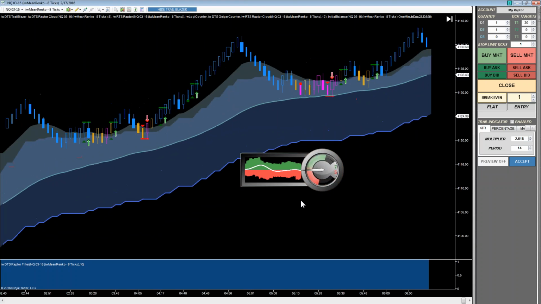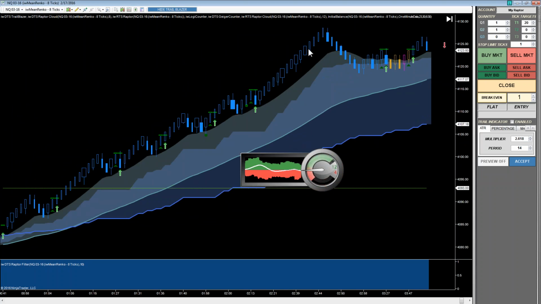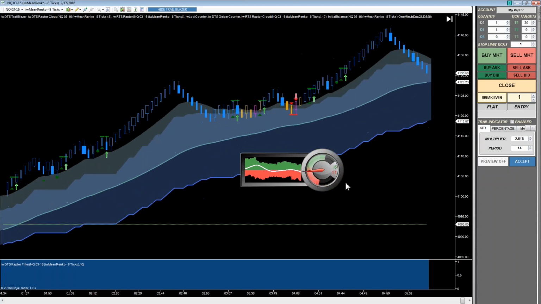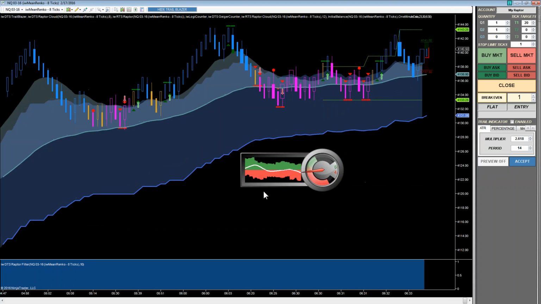And if you're in a prolonged move like this overnight trade and you're wondering, gee, I wonder if I should get out, it will show you when the market is getting a little bit weaker, when the buyers or sellers are starting to take control. So we've got this histogram here, which plots out the history of the time and sales. And then we've got this dial. Now this dial gives us the immediate feedback.